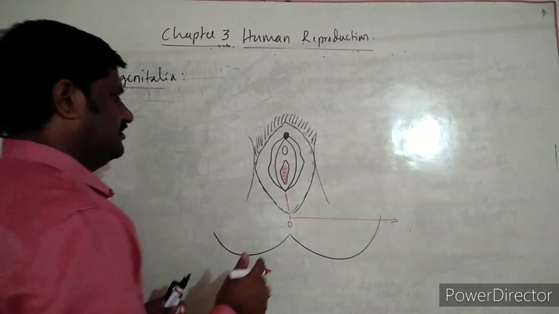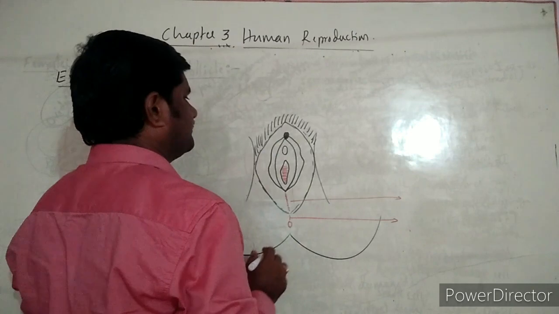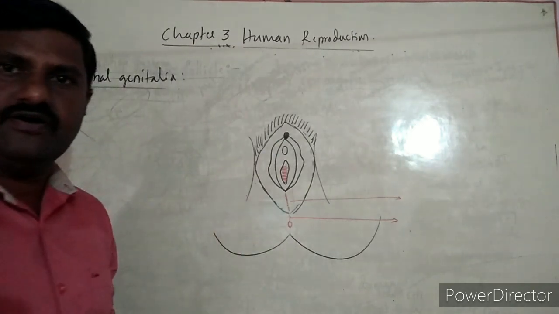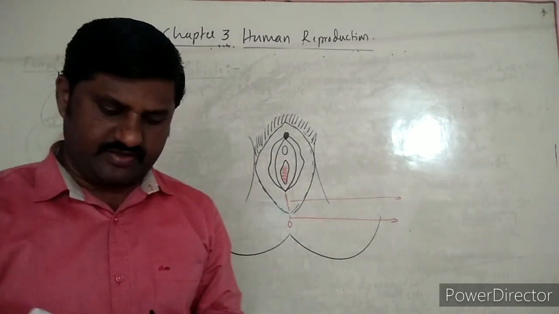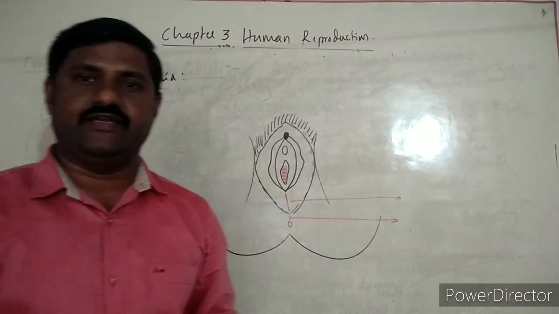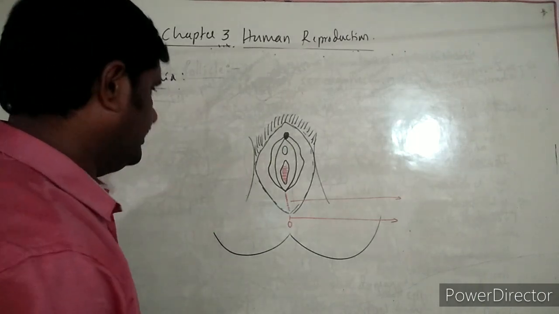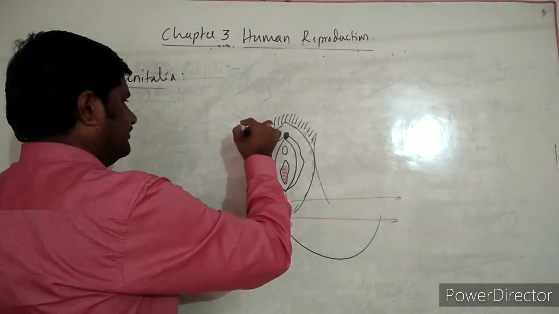Later I will label all these one by one. So this is how we come across the female external genitalia, right? So we should label them very clearly.